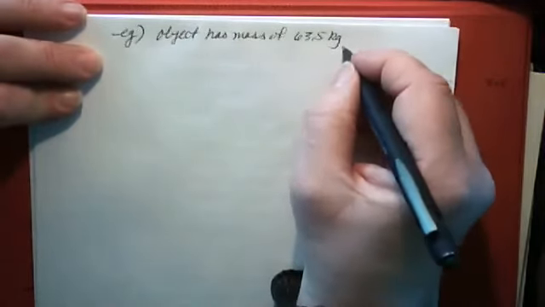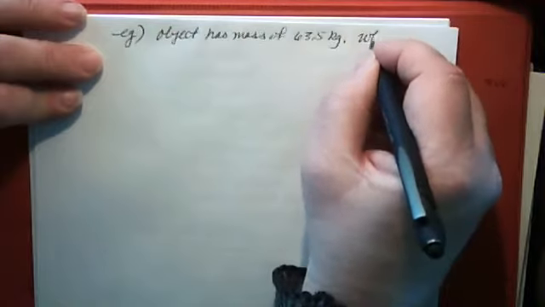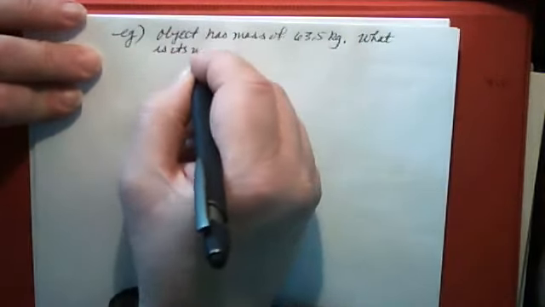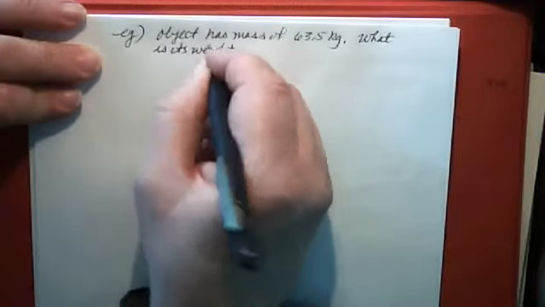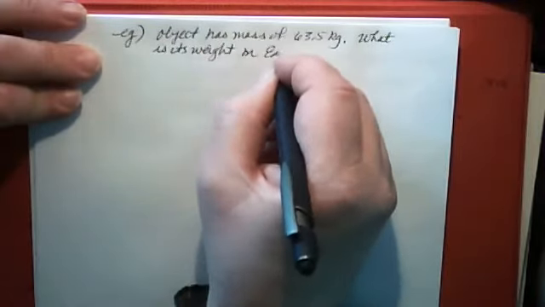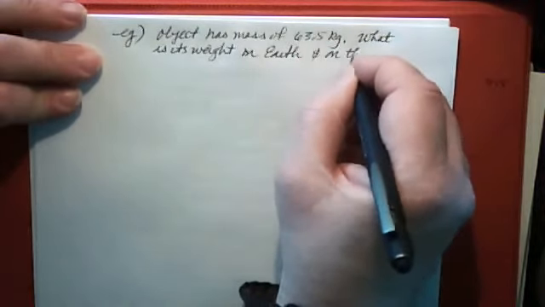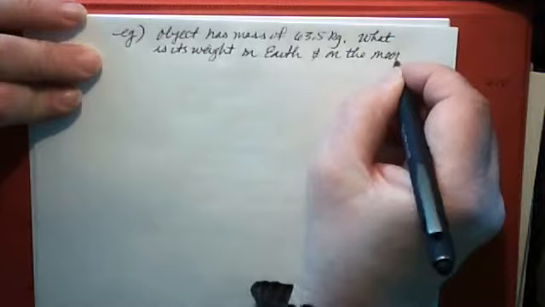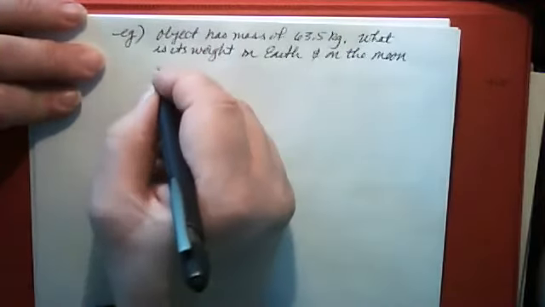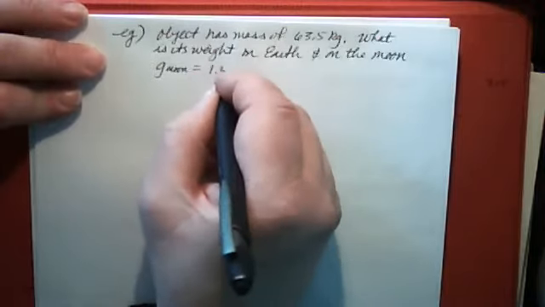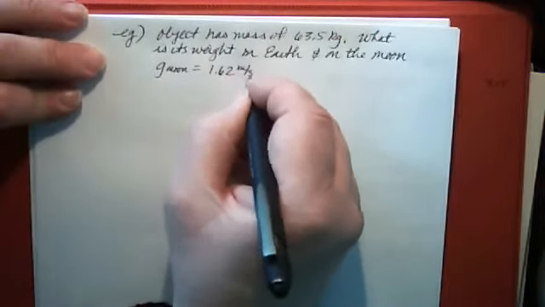What is its weight on Earth? And on the moon? Gravity on the moon is 1.62 meters per second squared.